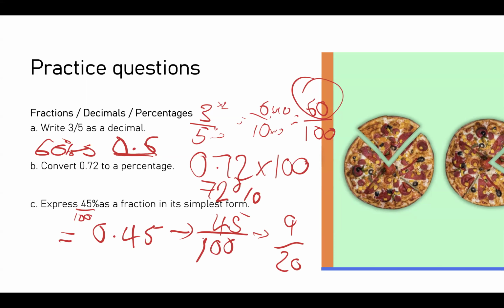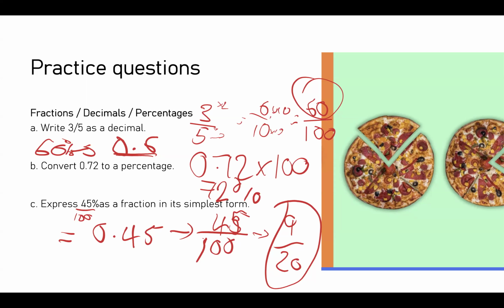Can we simplify this anymore? I don't think so, so the answer would be 9 over 20, because 45 divided by 5 is 9, 100 divided by 5 is 20, and this is the simplest form we can get, 9 over 20.